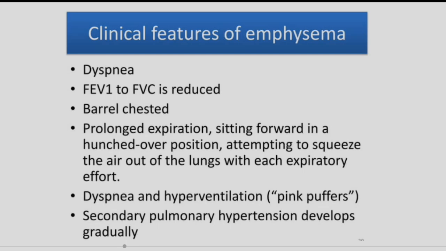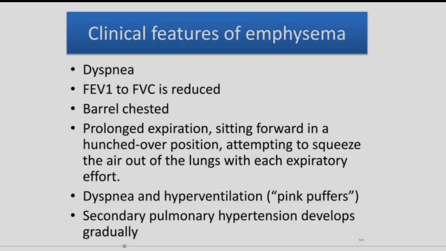In emphysema, you will see a barrel chest shape, like a drum-shaped chest, where from the AP view the anteroposterior thorax cavities are expanded. There is prolonged expiration, and the patient may be sitting in a tripoding position so that he can help himself take air out of the lungs.